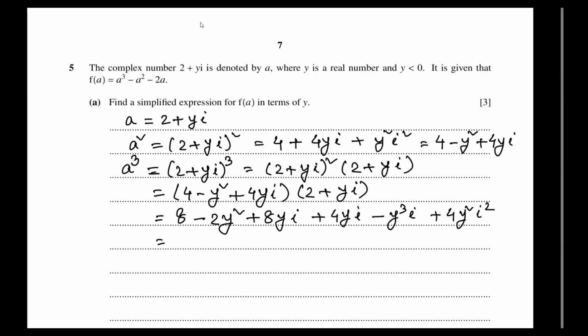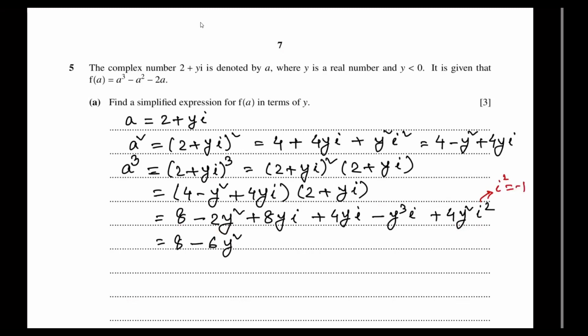So the real parts are, what are the real parts here? 8 minus 2y square, and here minus 4y square. So we have 8 minus 6y square. Remember, i square is equal to minus 1.